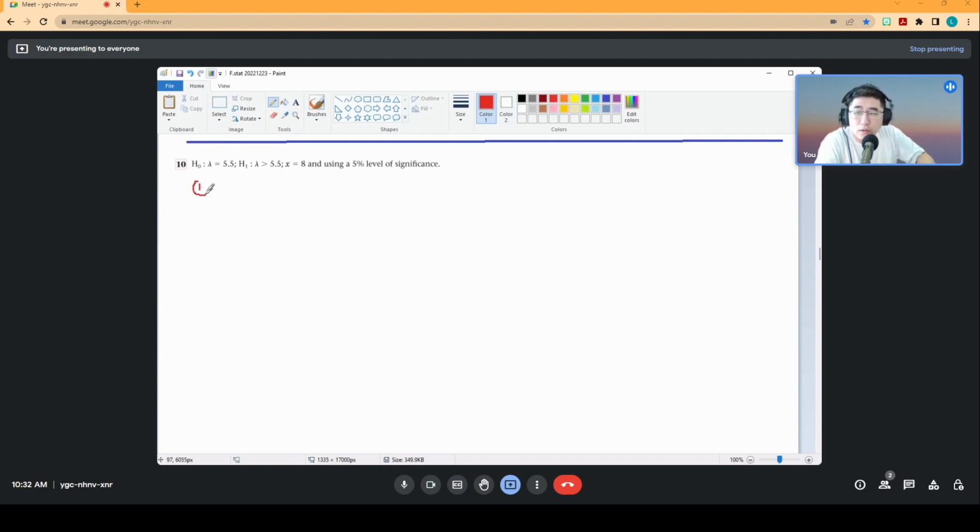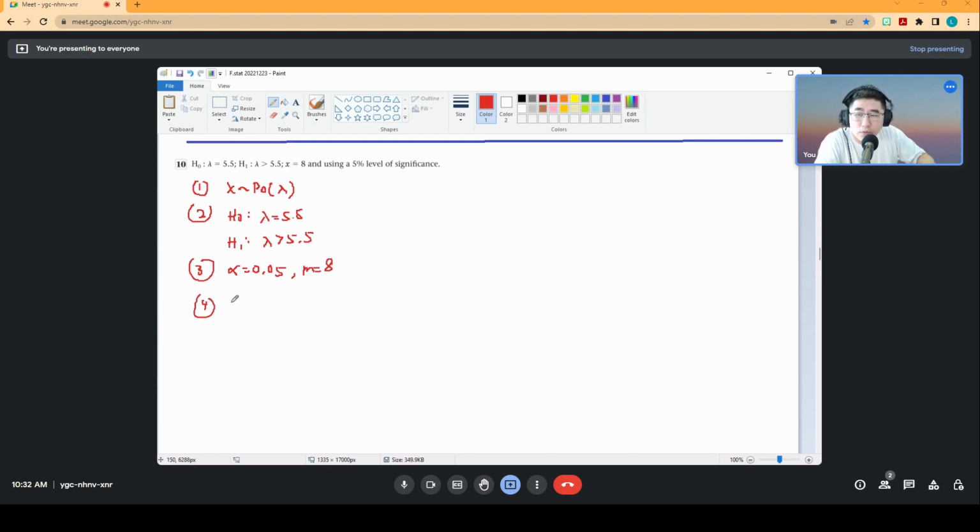Step one, the correct distribution, Poisson with lambda. Two, write the correct hypothesis, H0 lambda equals to 5.5. H1 is lambda greater than 5.5. Okay, step 3, your alpha equals to 0.05, your evidence equals to 8.